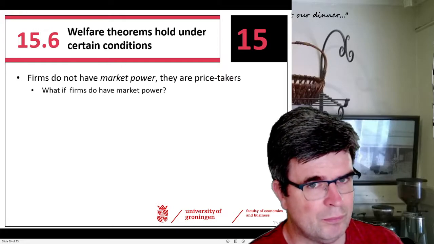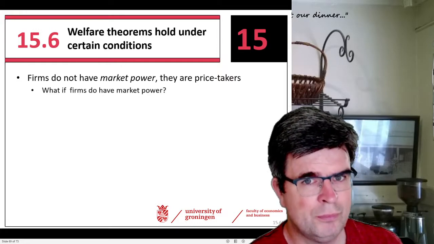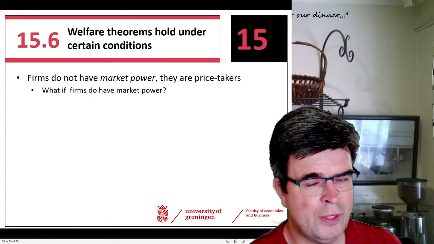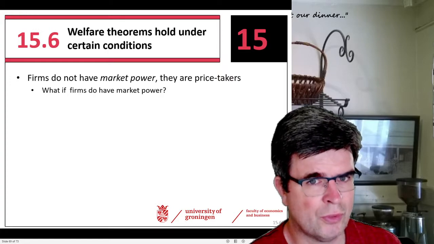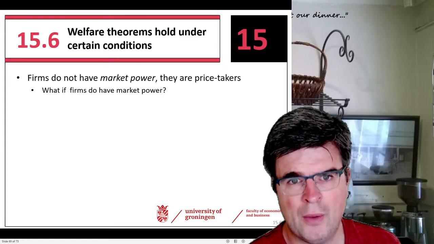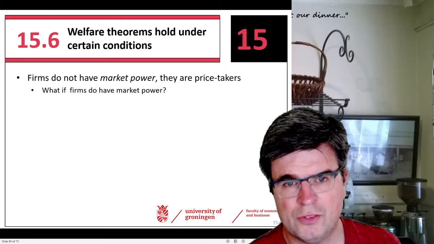And, well, look at Apple, iPhone. Certainly Apple has power to influence the price that it charges for its phones. So natural question is, how does this calculation change if firms do have market power?